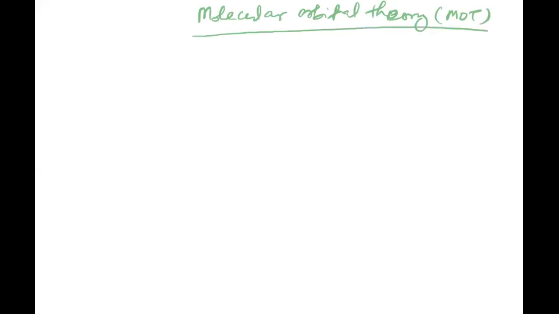Further, if you move on, another theory is molecular orbital theory, MOT, to explain bonding of compounds. First, let's see the limitation of valence bond theory, VBT.